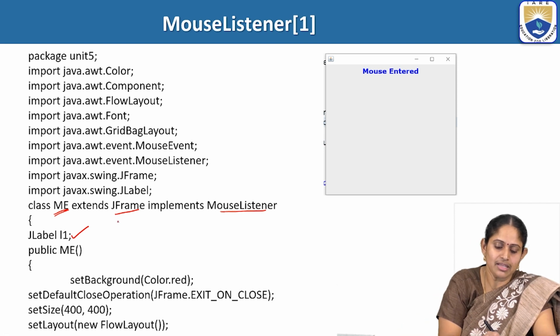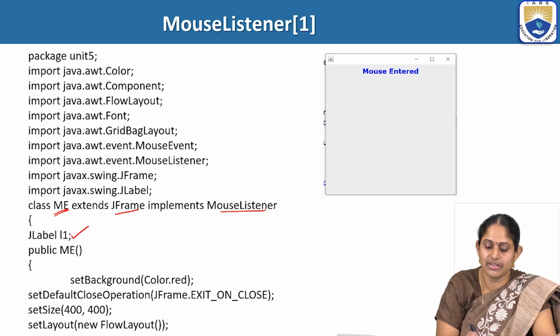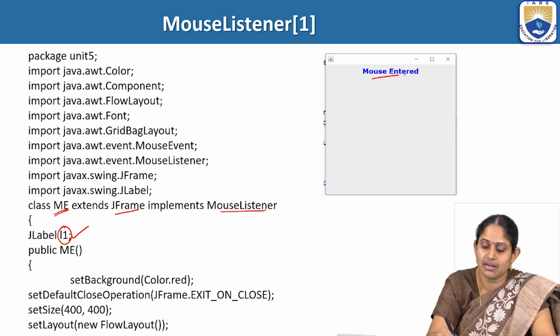So here we are making use of JFrame, which implements the mouse listener interface, and in this we are making use of a label and naming that label L1. This label is used to mark the entry on all the mouse events.